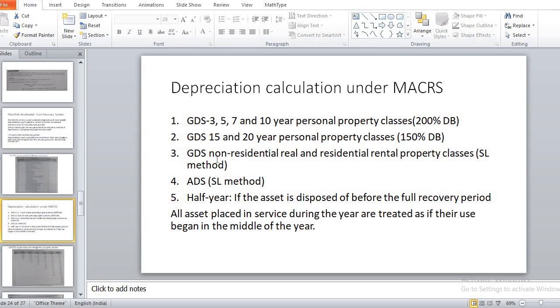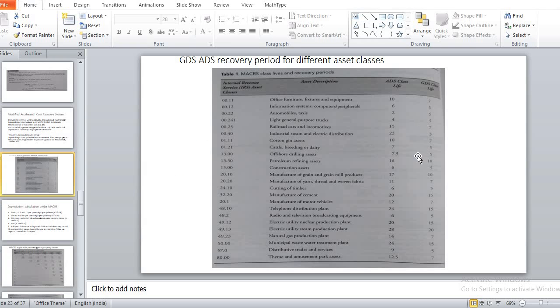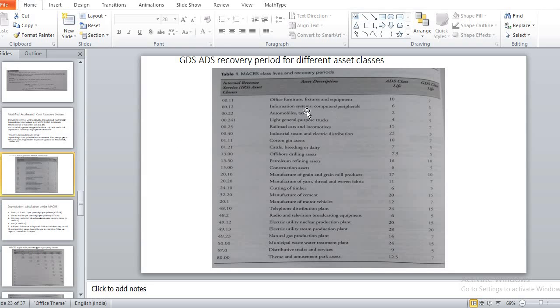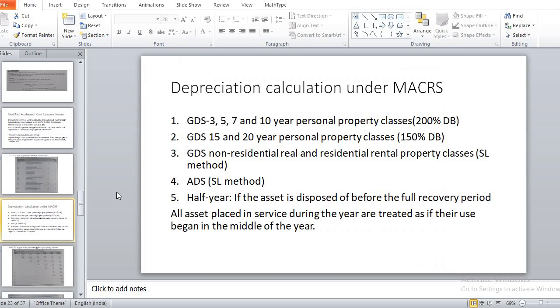Now these are some descriptions. For GDS classes having useful years of 3 years, 5 years, 7 years and 10 years, for such property classes having GDS life of 3, 5, 7 and 10 years, we use the 200% declining balance method.